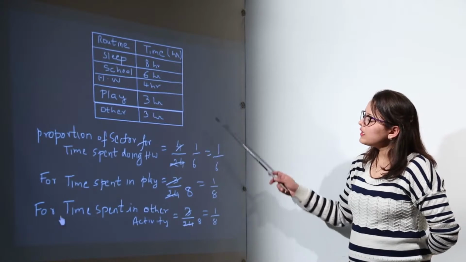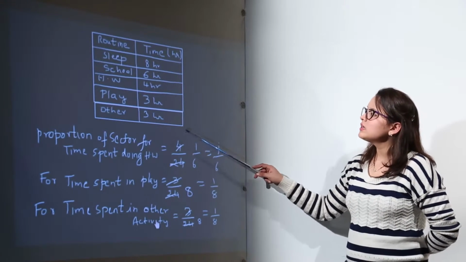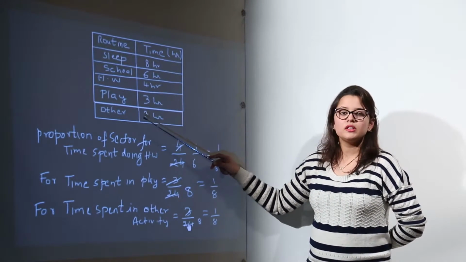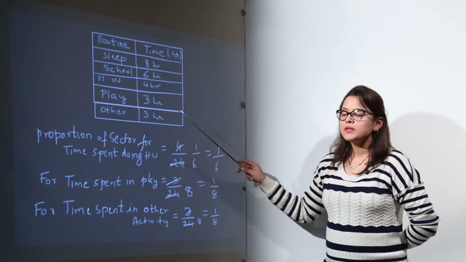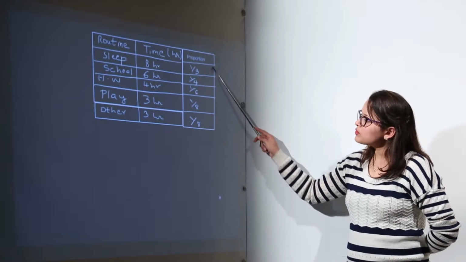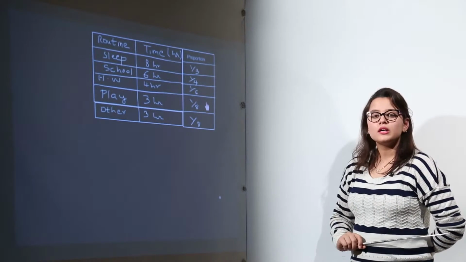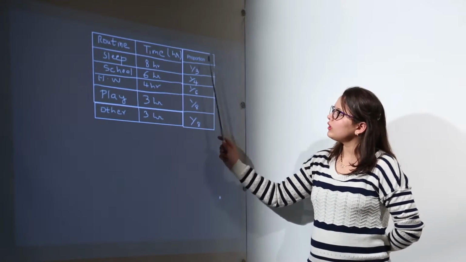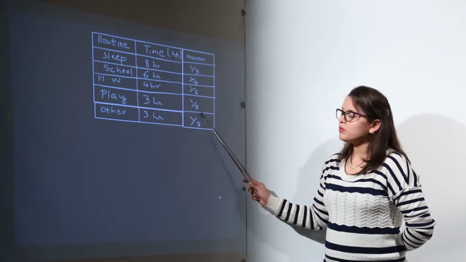Now these are the various proportions calculated for the various activities of the student. The next step would be to include all the proportions in your table. Now we have added another column representing the proportions.